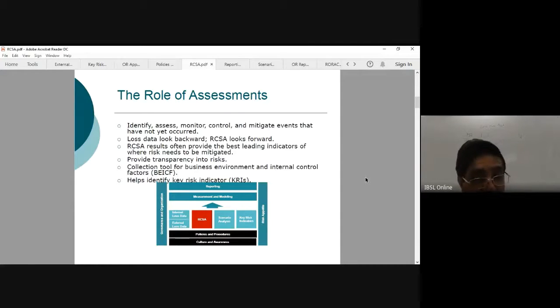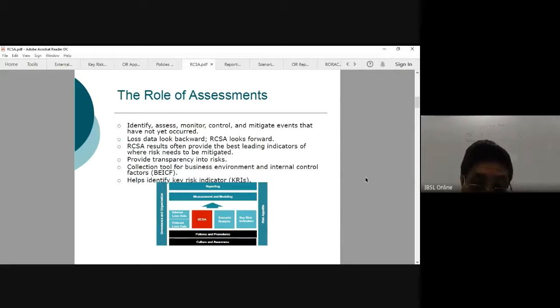Now, in RCSA, what we need to do is, first of all, you need to have a discussion with the branch or department people. And in the discussion, you have to get an idea from the people who are in the department or the branch with regard to their main functions. And all these functions will have a set of processes.